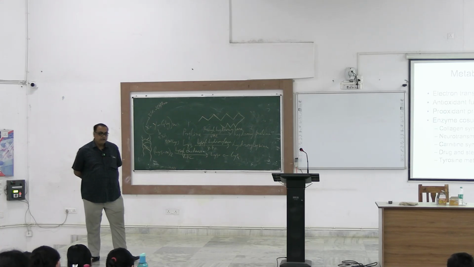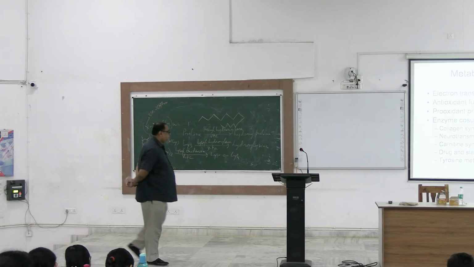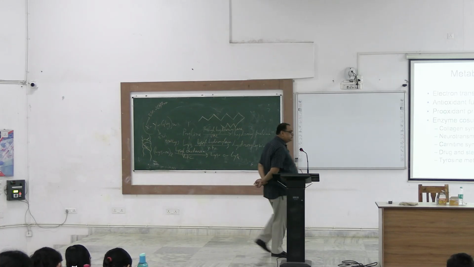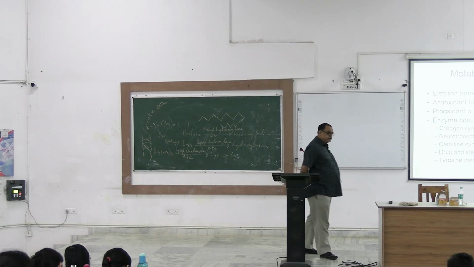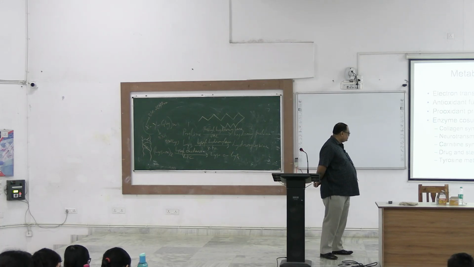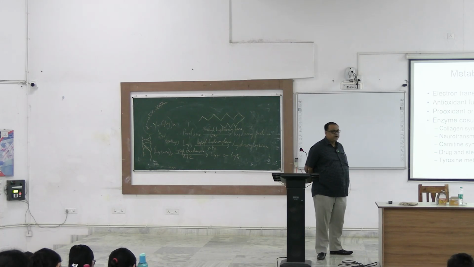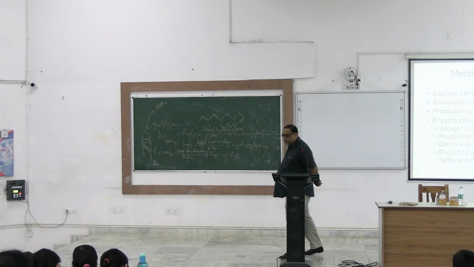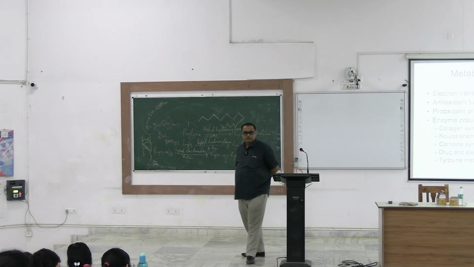It has a very intricate role in cardiology. So carnitine synthesis from lysine requires vitamin C. Drug and steroid metabolism. Can you name any organ, any gland where steroid hormones are synthesized?